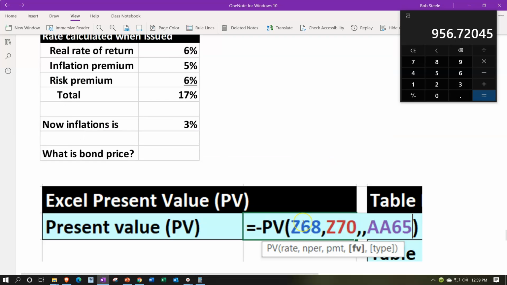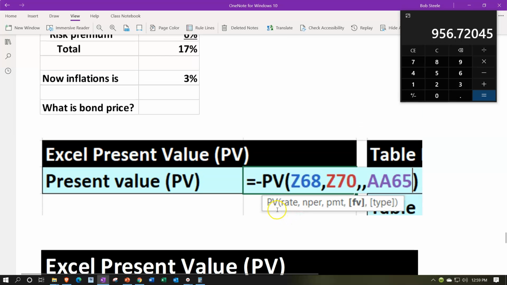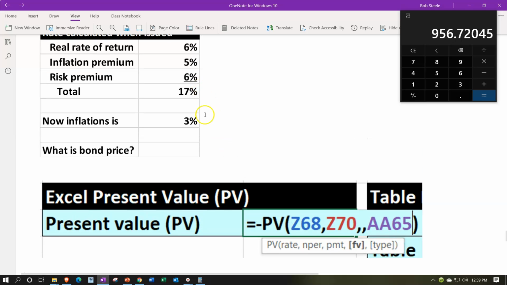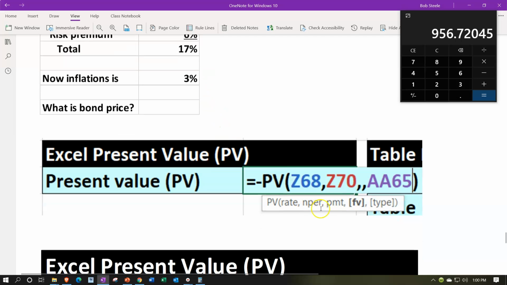Let's go ahead and calculate this 112.89 again, this time the easy way, the Excel way. So we're going to take the present value and then brackets the rate, 15%, not 17, but 15, the new market rate, comma. Number of periods would then be 20 minus 5, 15, comma, comma, because it's not an annuity.